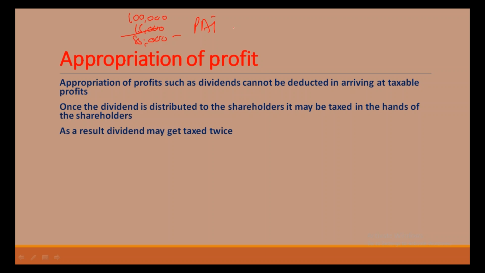So there are 4 systems because as a result, dividend may get taxed twice. So it gets taxed once it's being given to the shareholders. That's correct. Once a company made a profit, the company's profit belongs to the shareholder, isn't it? So when the company has paid the taxes, as you rightly said, logically, again another tax should not be paid by the shareholders.